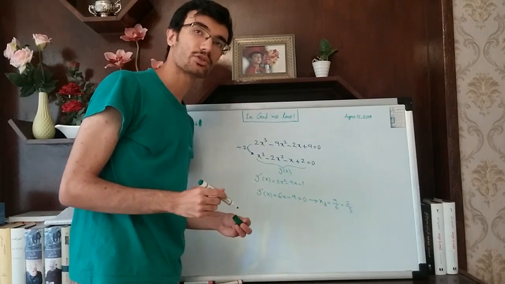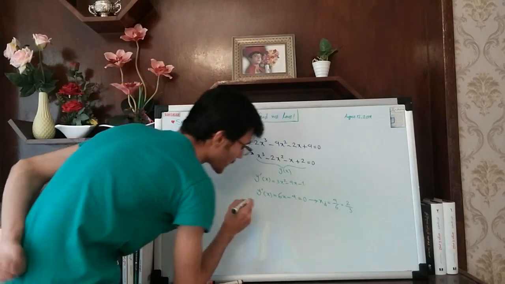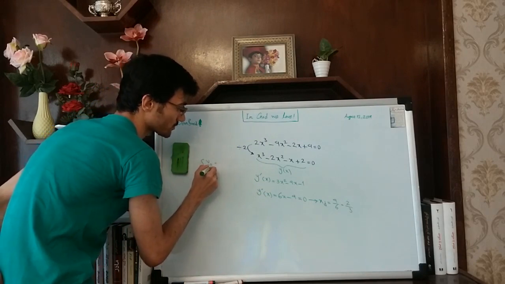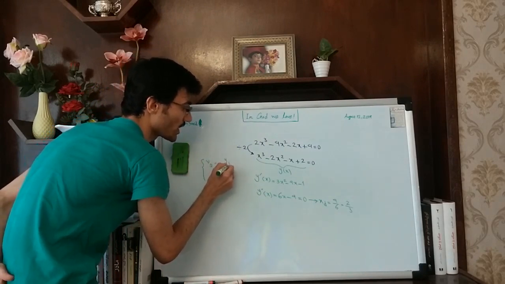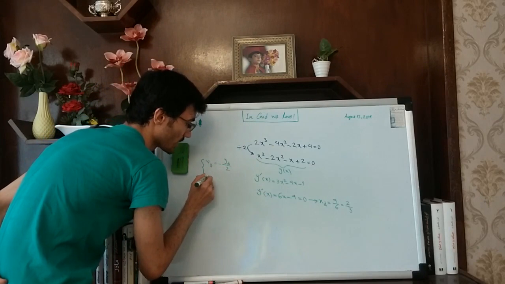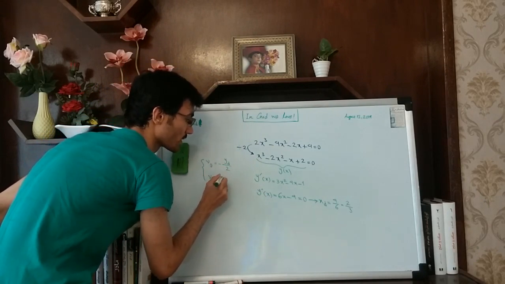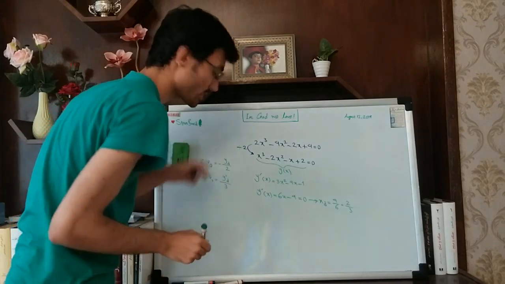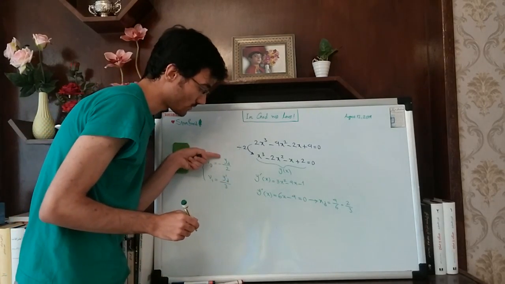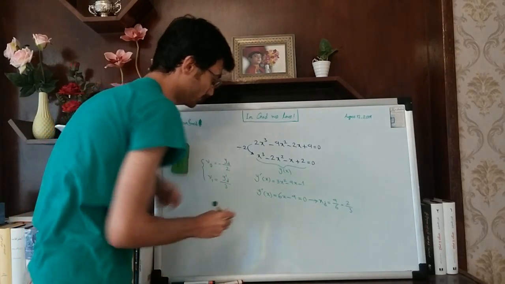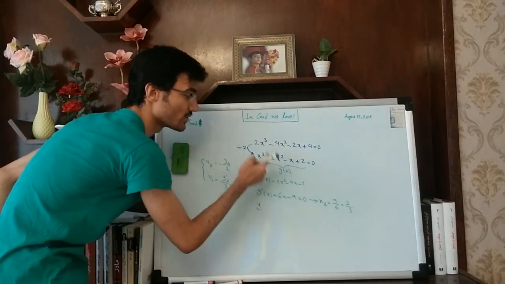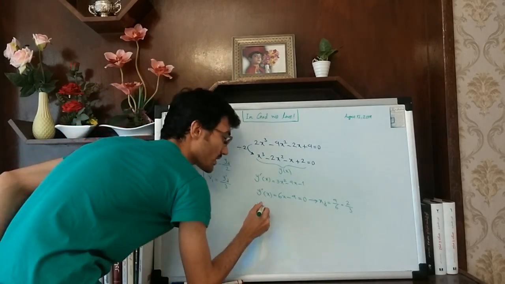Then we should find v0 and v1. v0 equals negative yd over 2, and v1 equals y prime d over 3. So first we need yd and y prime d. We can find them by putting xd in y and y prime.